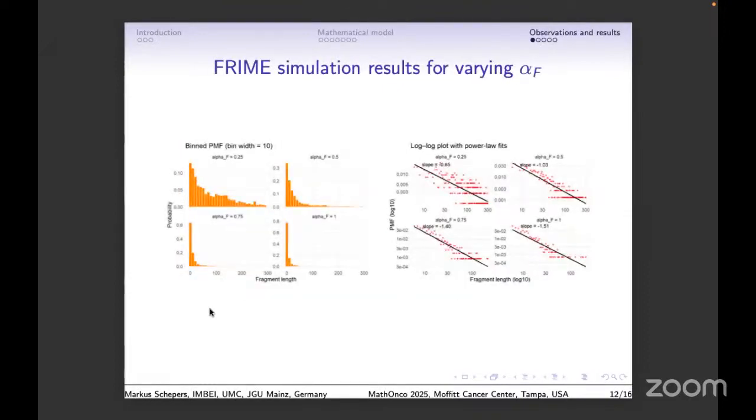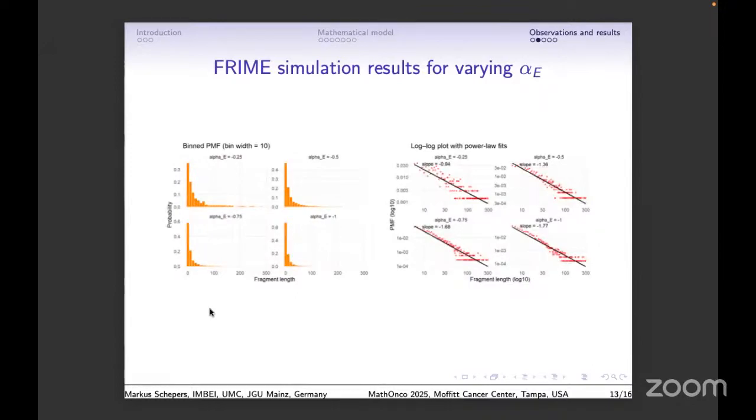So we simulated this, fixing all the parameters and varying one of them. If we look at the fragmentation power, as we increase it, the tail of the distribution becomes much lighter, and the fragment length distribution has a power law with a slope that we fit, and that's decreasing as we increase alpha.